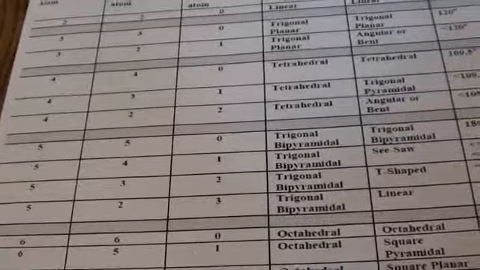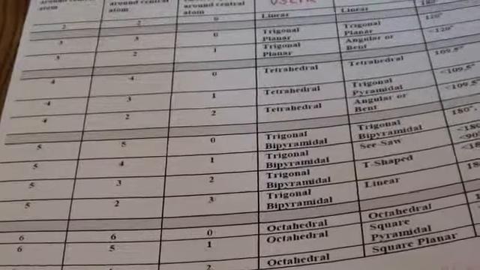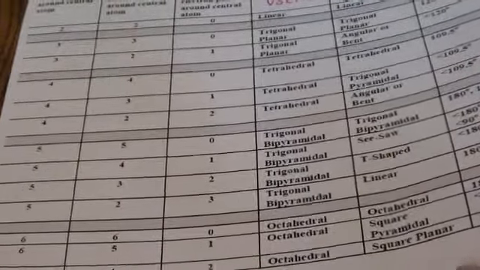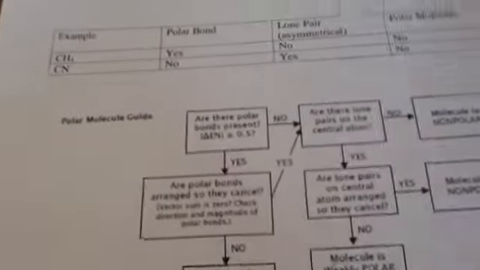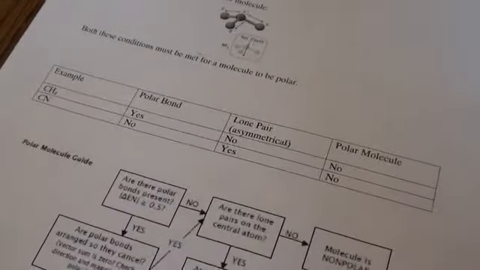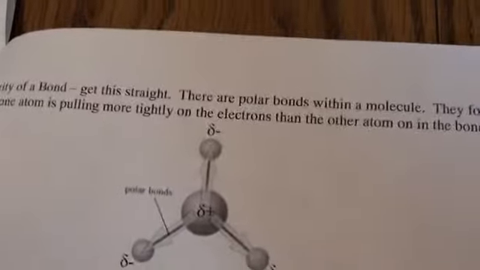I am not going to do any more examples on this format, but I will do a pen cast of some of them. Okay, now let's talk about the polarity of a bond, and then the polarity of a molecule, and you must get these straight in your mind.